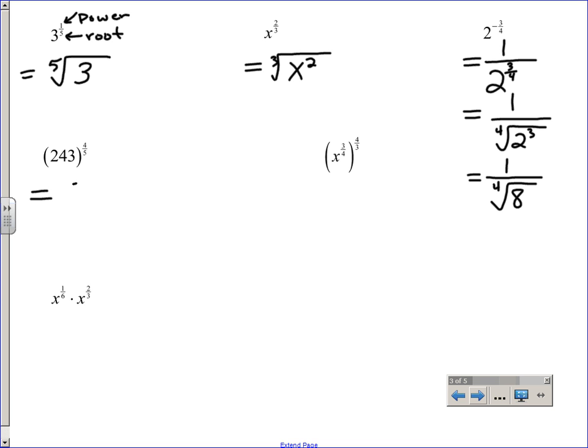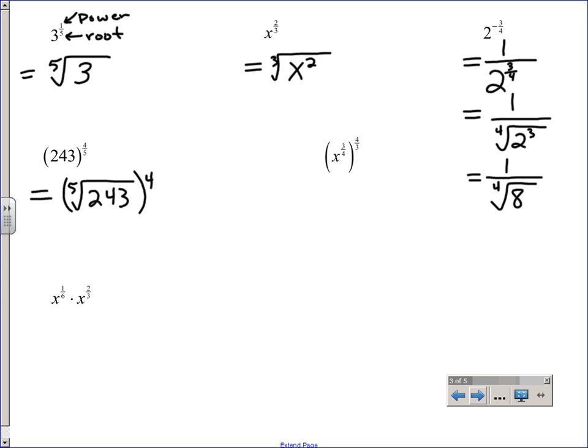Same thing, fifth root of 243 to the 4th. Well, we could write the 4th inside and do the 4th power first, but then we'd have to find 243 to the 4th, and that's really big, and then find a fifth root. So we can do this in our heads if we put the power outside. It doesn't matter if you do the root first, then the power, or the power first, then the root.